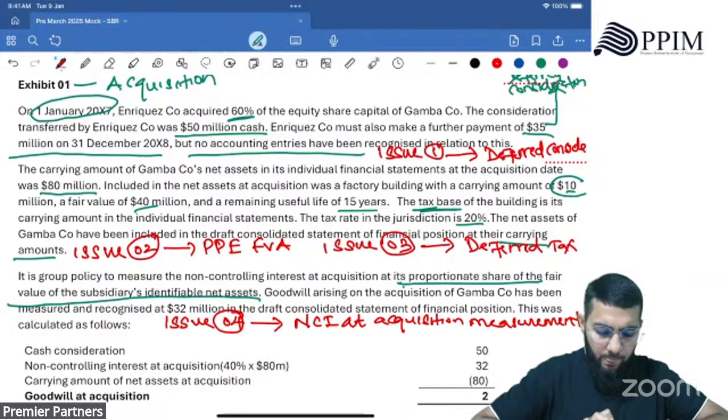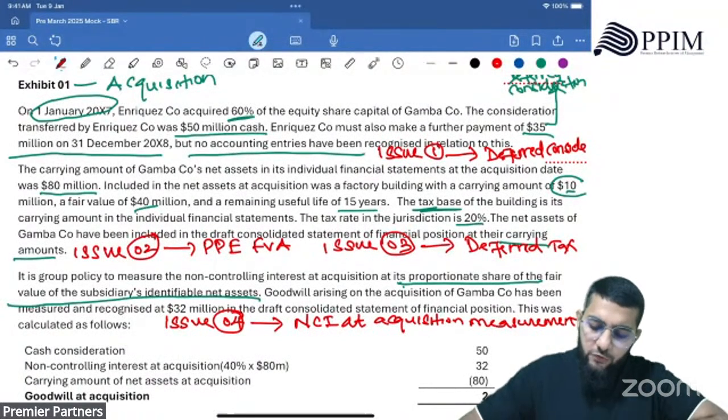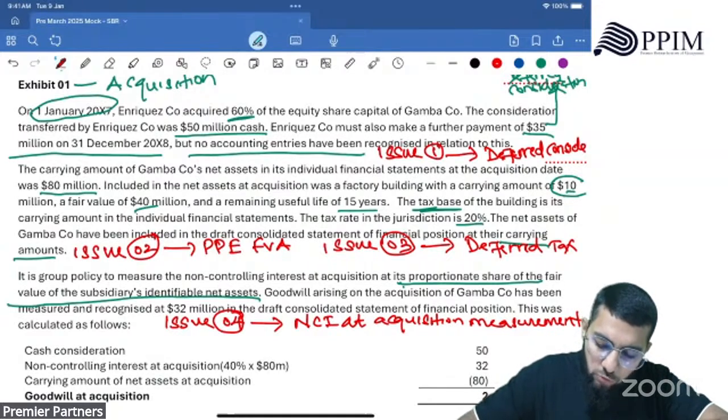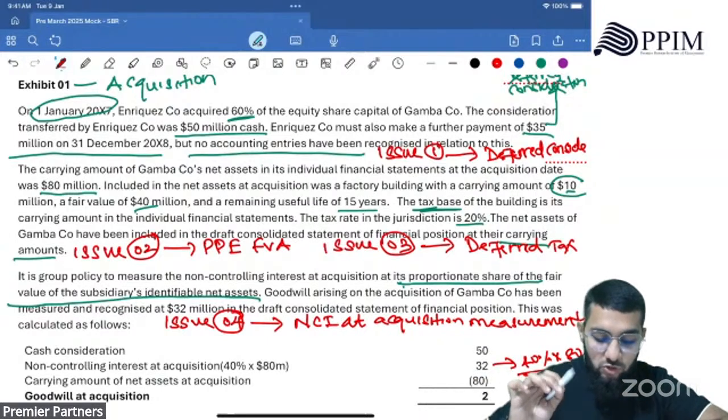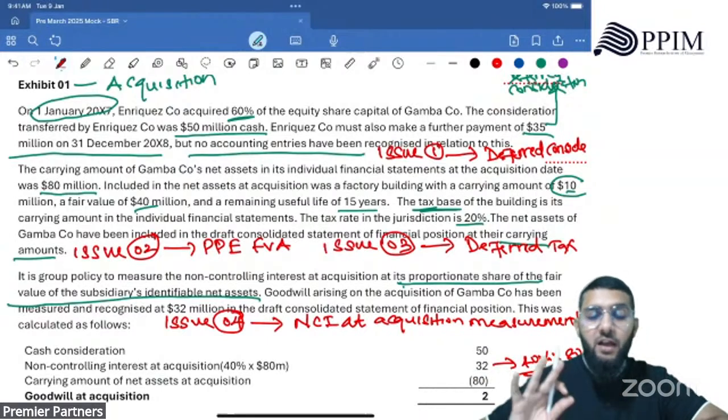All right. Okay. Now, if you do the calculation, this 32 million is the 40% of 80. That's how they've arrived at 32. But what is the actual issue? They have not considered the fair value adjustment or the deferred tax implication there.